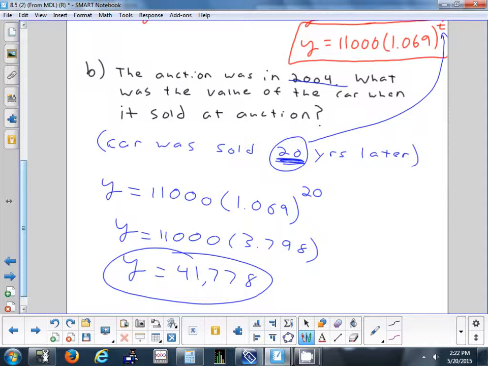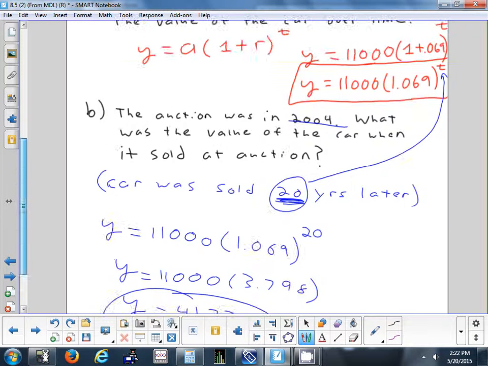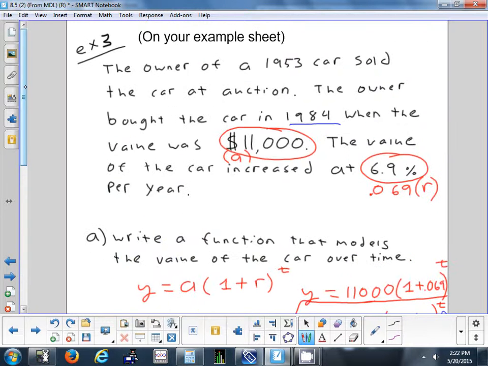Is there any way that you can figure out what it was in 1953? Yeah, we could try to go backwards. If you plugged in a negative number for t, like -1, that would be 1983. If you plugged in -2, that'd be 1982. So you could go all the way back and see what it comes out to.